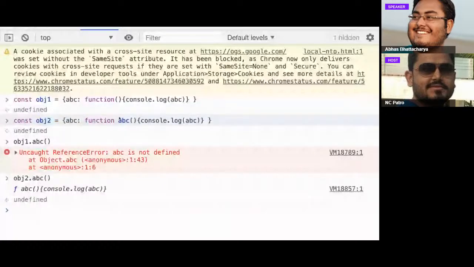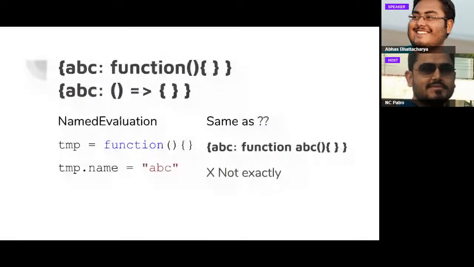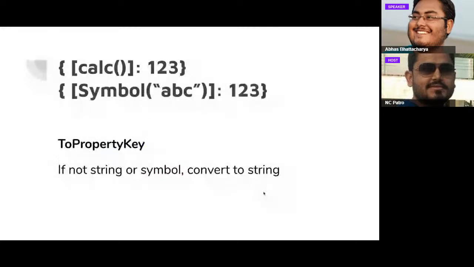This is a small difference. And this name evaluation happens for both normal functions and arrow functions if they are anonymous. So we have covered this much.